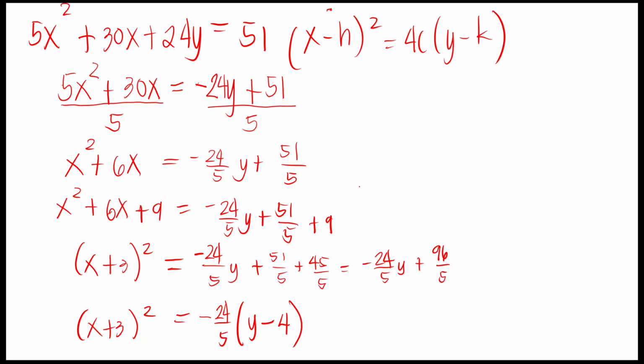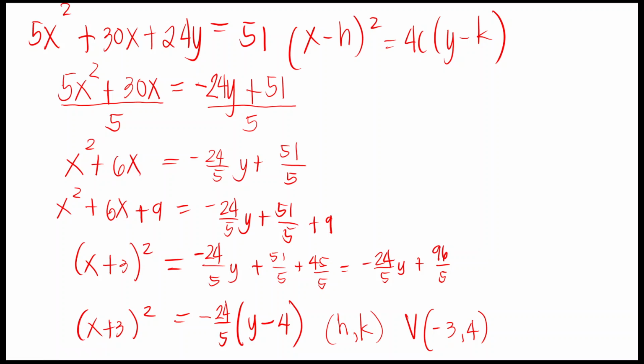Here, it already looks like the standard equation. It already is in standard form. And by inspection, we know that the center, or the vertex actually, is at the point where the value of h is negative 3 and the value of k is positive 4.